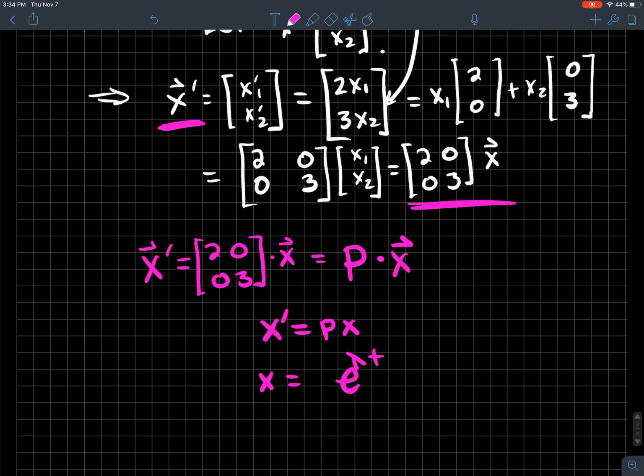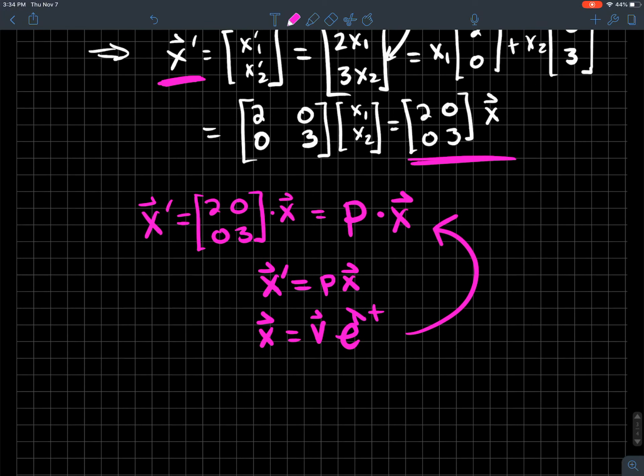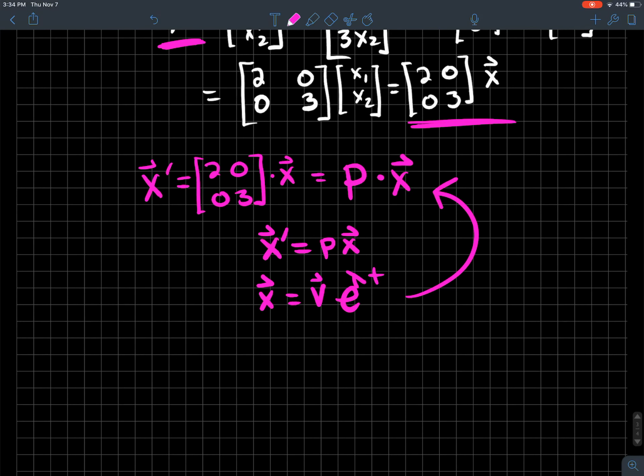What is lambda? So in this case, let's turn these back into vectors. So this is a vector, this is a vector, and P is again a matrix. So we want to try something similar. So x has to be a vector. So what we're going to do is we're simply just going to put a vector v. All right. So now we want to plug this back into this equation and try to figure out what lambda is and what v is.